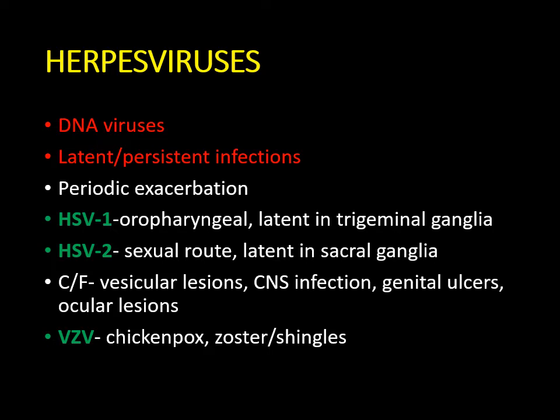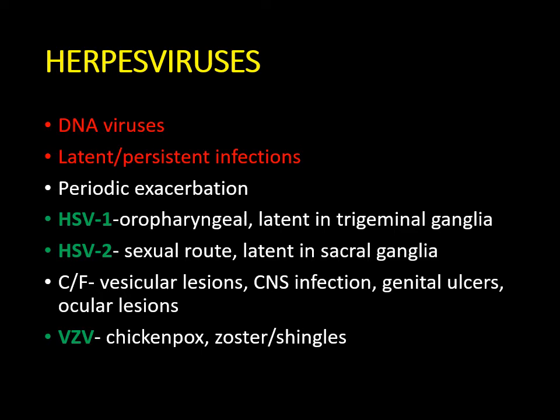What different viruses come under this group? That is HSV1, herpes simplex virus 1. Its route of infection is oropharyngeal, and in latent form it stays in the trigeminal ganglia. HSV2 spreads by the sexual route and is latent in the sacral ganglia. Commonly they cause vesicular lesions as symptoms, and CNS infection like encephalitis, genital infection, ulcers and ocular lesions.